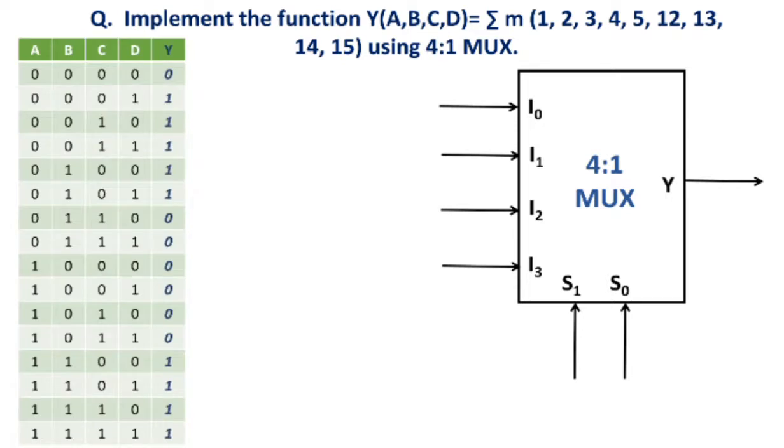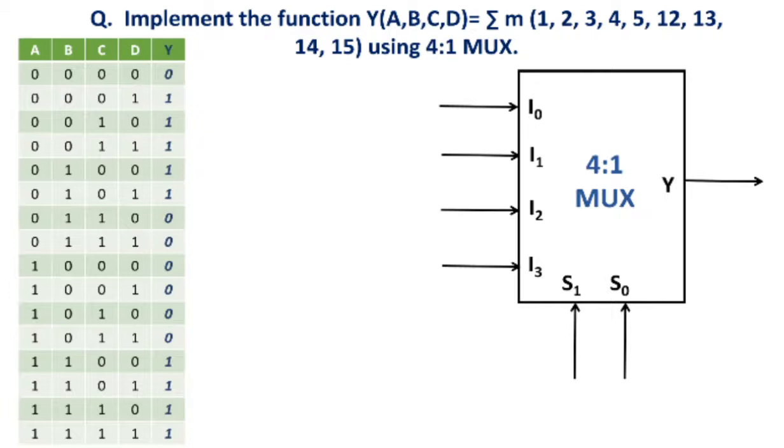It has the 4 inputs, that is A, B, C and D, and 1 output Y, and Y is defined as logic 1 for all the given min terms in the question and 0 otherwise. Now in such a question, what we do is we apply the inputs to the select lines.